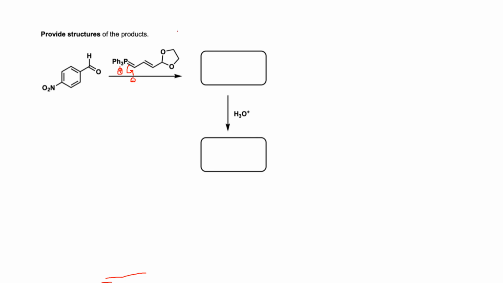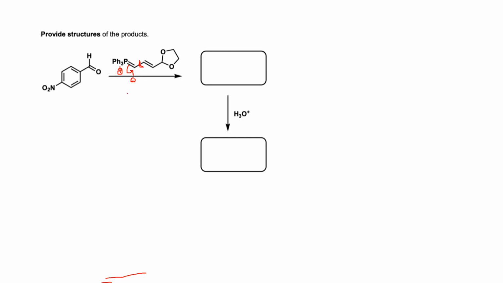Okay, so now you can see on this halide, is it an electron withdrawing group or an electron donating group? This is an alkyl chain, this is an alkyl chain, so it's not any functional group containing a minus I effect or anything. So this will obviously give a plus I effect, that is an electron donating effect.